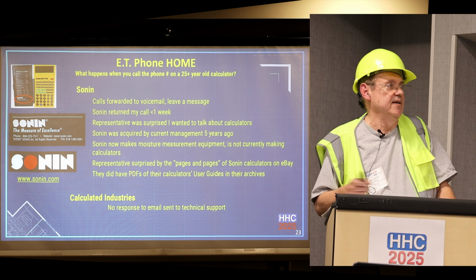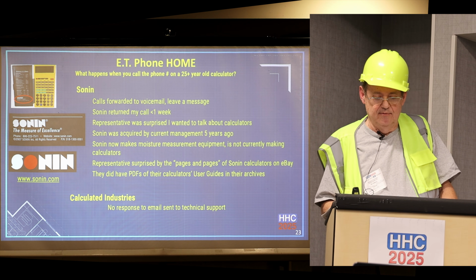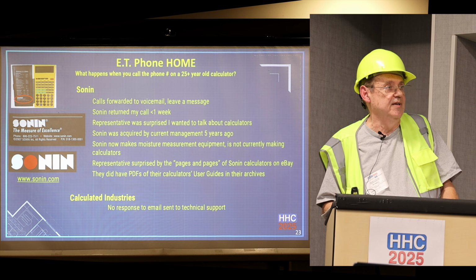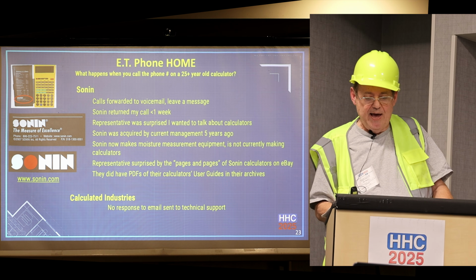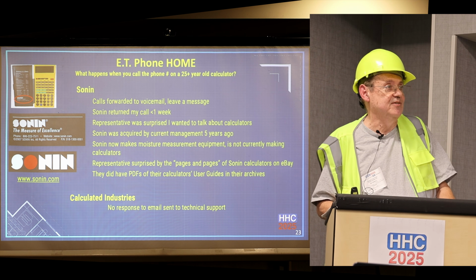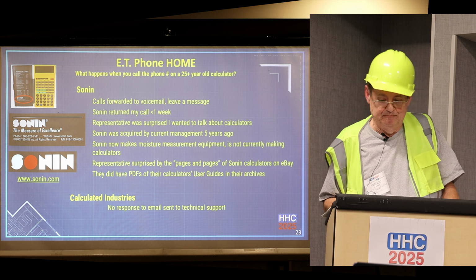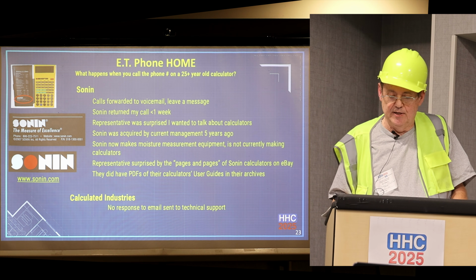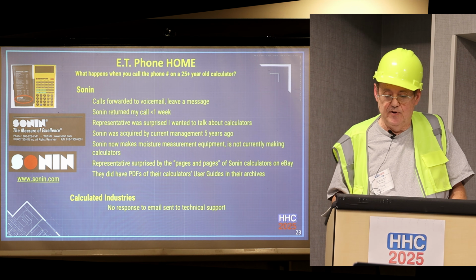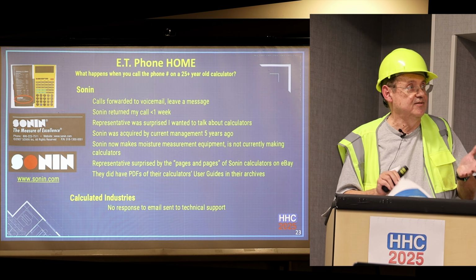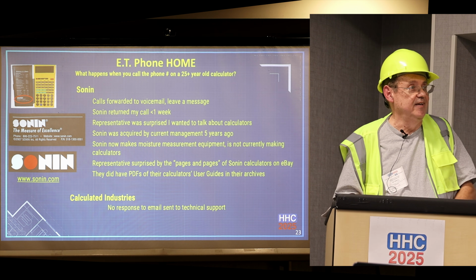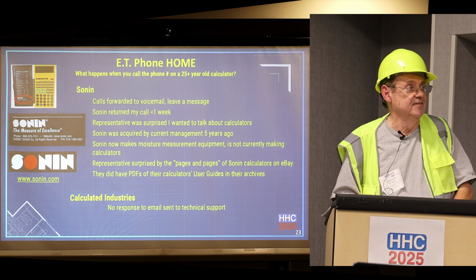Because we're not selling them. I said, well, you can get them at thrift stores and eBay. He was really surprised by the pages and pages of Sonin calculators out on eBay. Wasn't expecting it. They did have PDFs of their users' guides. Calculated Industries, the one that's currently in production, didn't return emails.